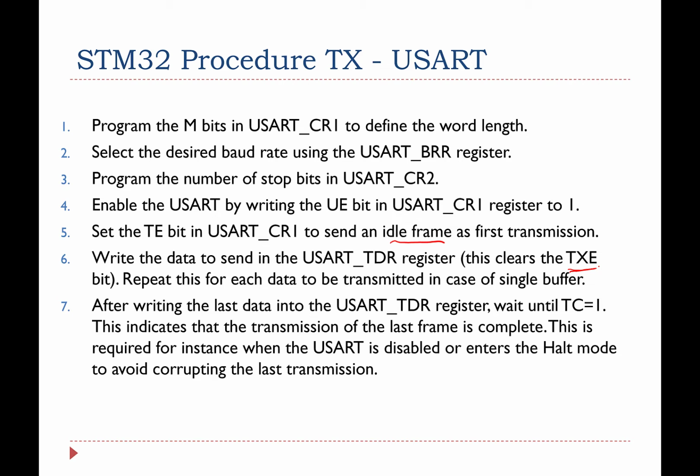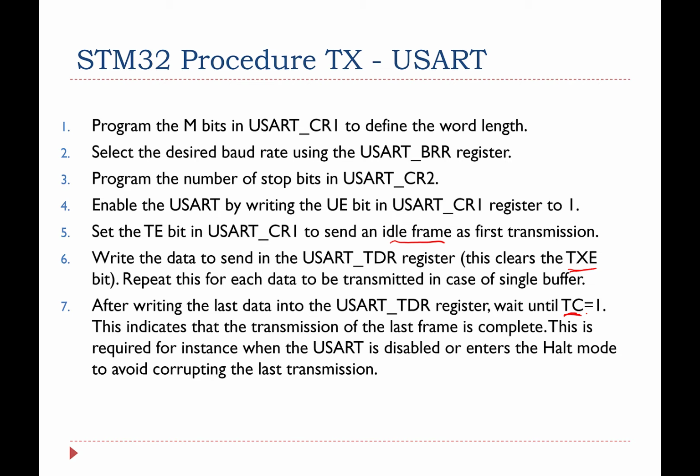It says after writing the last data into the transmit data register, so after we've done all of our sending, then we have to wait until this TC flag is equal to 1. This is the transmit complete flag, and basically it just says when it's done sending everything.